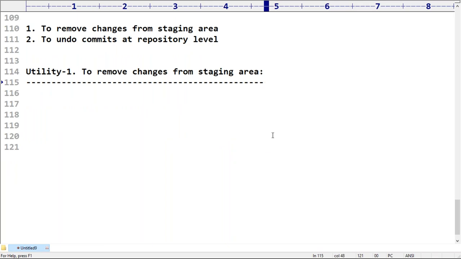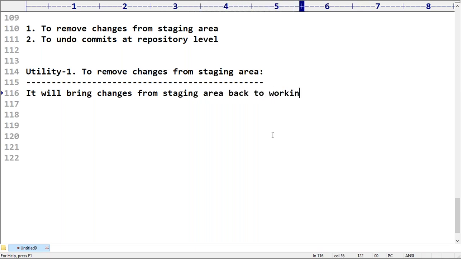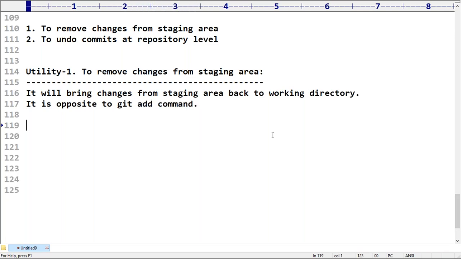It will bring changes from the staging area back to the working directory. It is opposite to the git add command. Of course, I will discuss in detail.